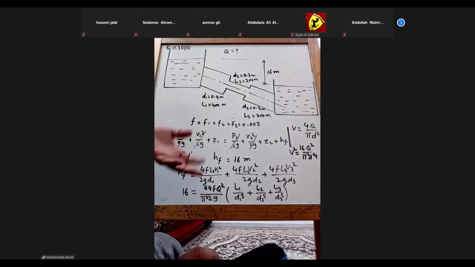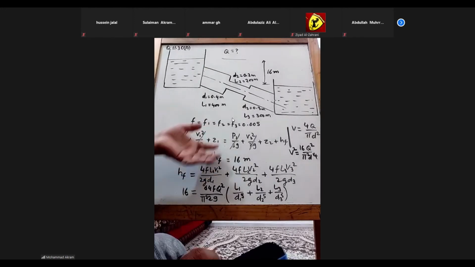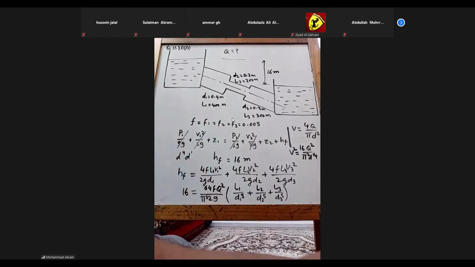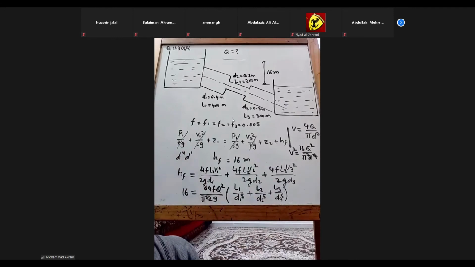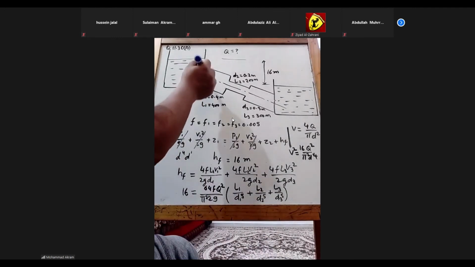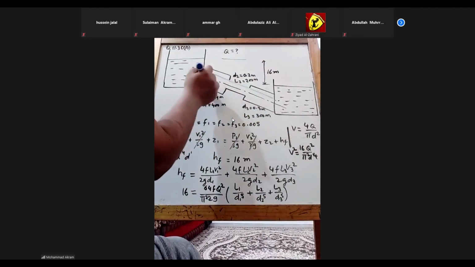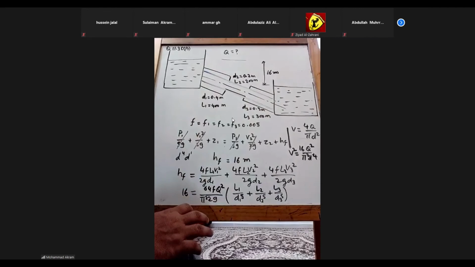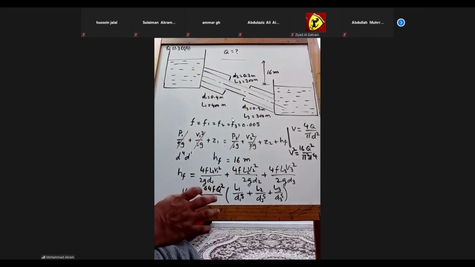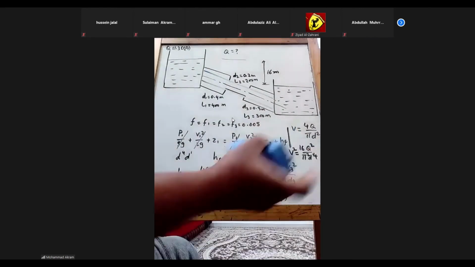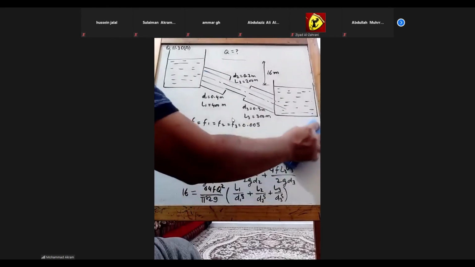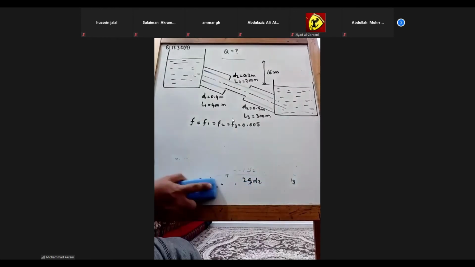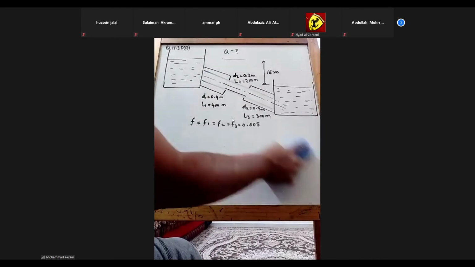We need to calculate the equivalent pipe, same length, everything same. We need the equivalent diameter. Do you agree with this? Yes, doctor, I agree.